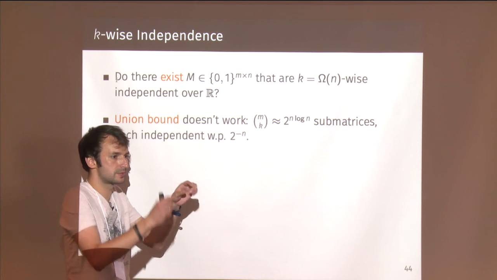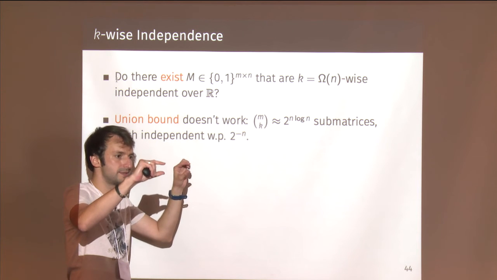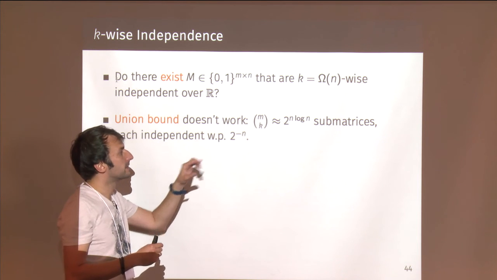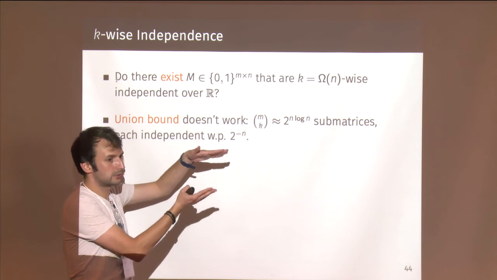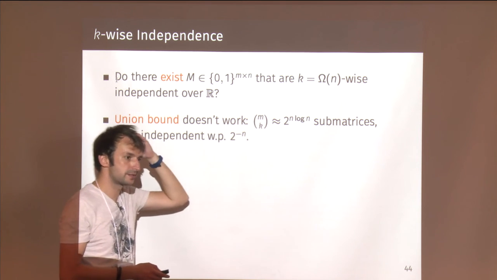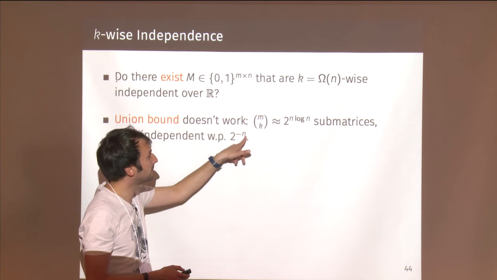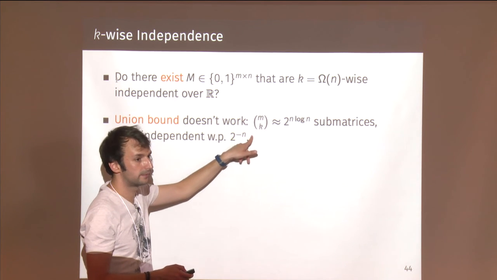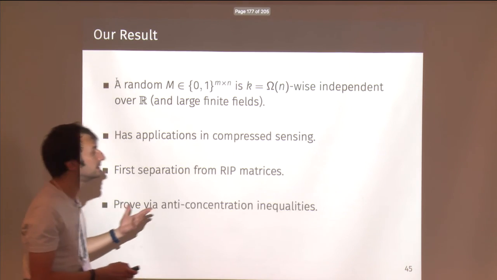Because with probability 2 to the minus n, the first two rows are just identical. But the number of submatrices I would like to consider is super exponential. The probability 2 to the minus n is not sufficient. I want to have this probability 2 to the minus n log n. Then I would do a union bound. That's what Littlewood-Offord gives me.